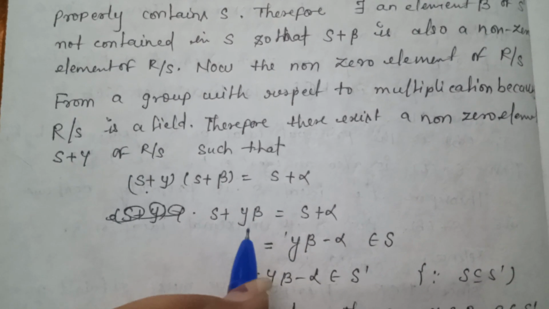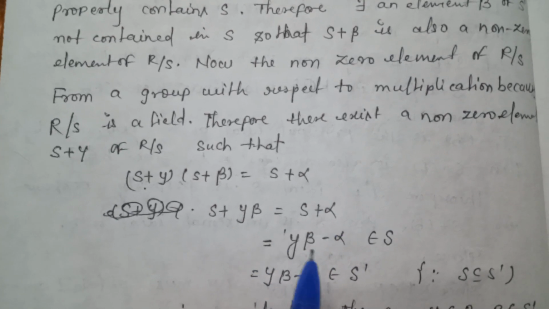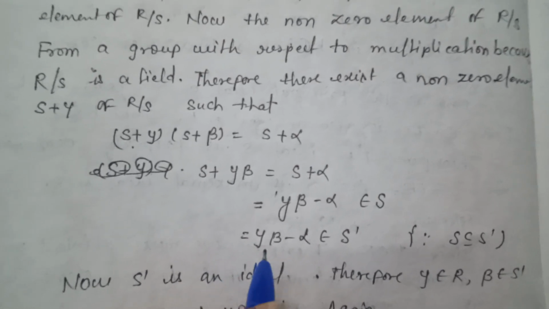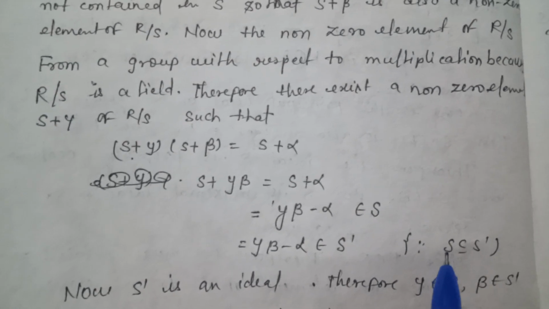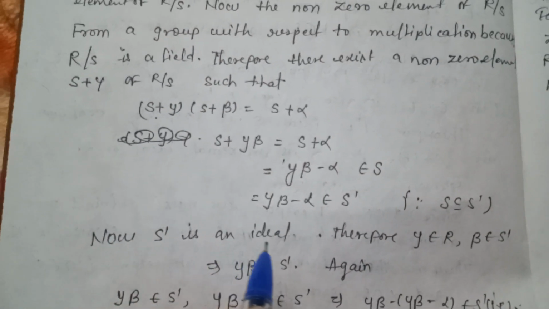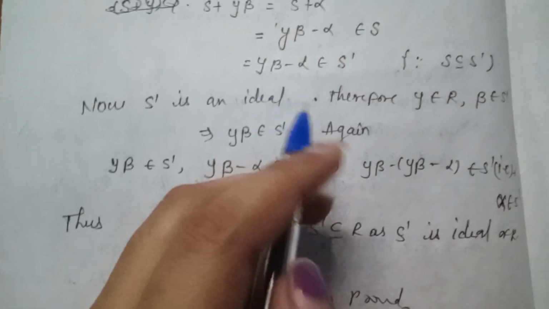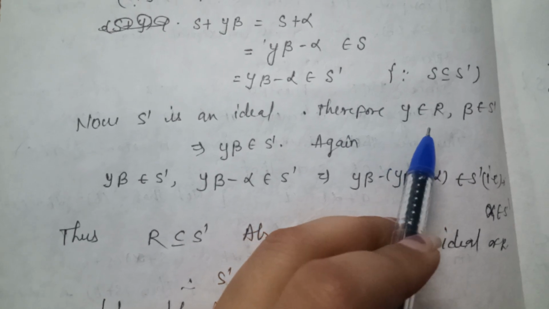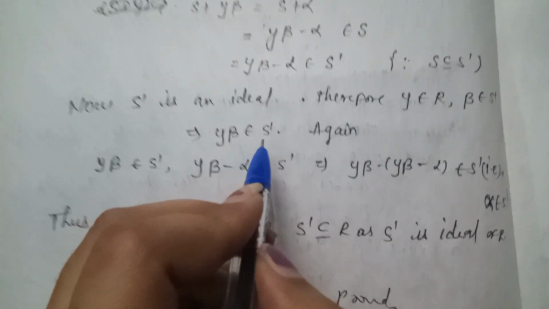So S + y beta is equal to S + alpha, which implies y beta - alpha belongs to S, which implies y beta - alpha belongs to S', since S is a subset of S'. Now S' is an ideal, therefore y belongs to R and beta belongs to S' implies y beta belongs to S'.